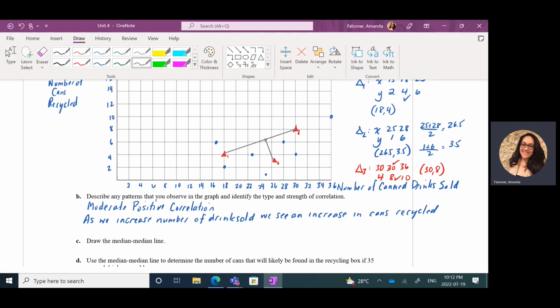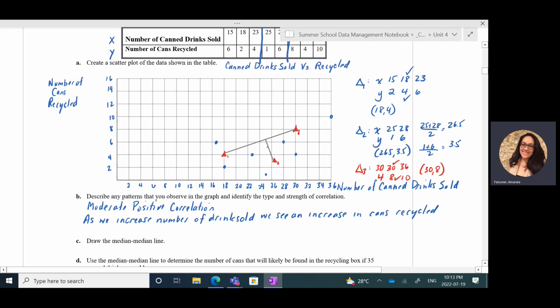So that's the shortest distance between the line and this point. It's the perpendicular. And I'm just going to divide this line into 3 parts, into thirds, right? So this line that I drew in, connecting delta 1 and delta 3, it has to slide a third of the way down.